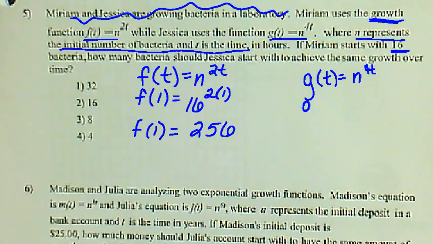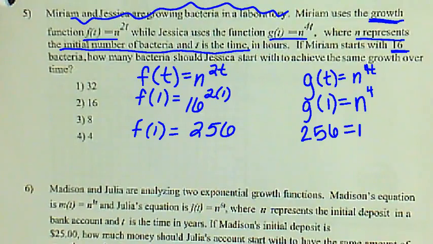All right, so again, I want this to be 1. I want to figure out n to the 4th power. When will that equal 256? Okay, so if this is 256, I want to know what n has to be equal to.